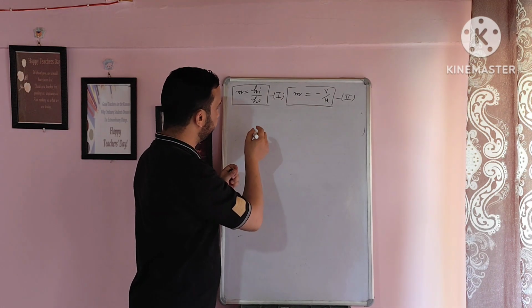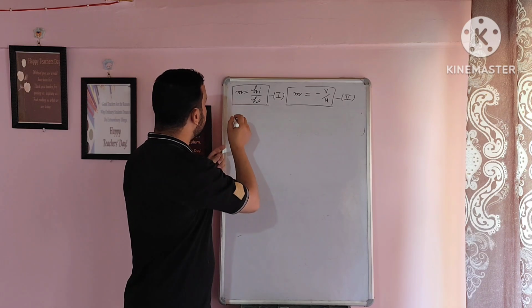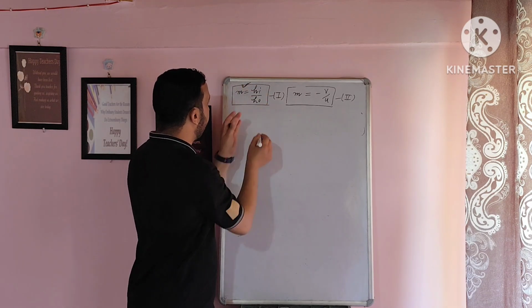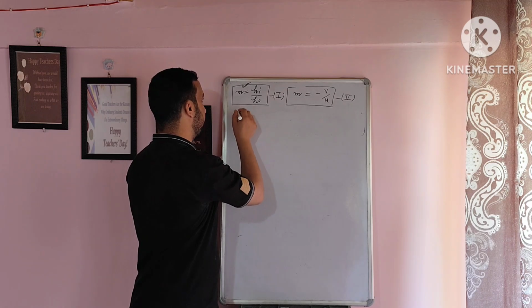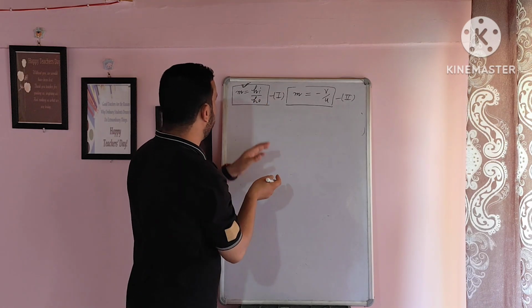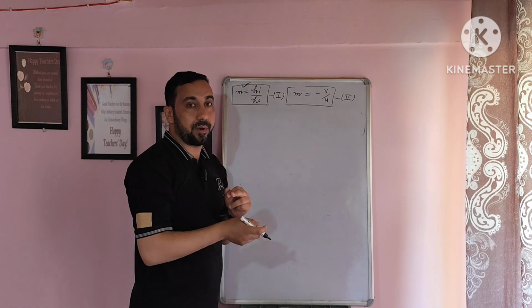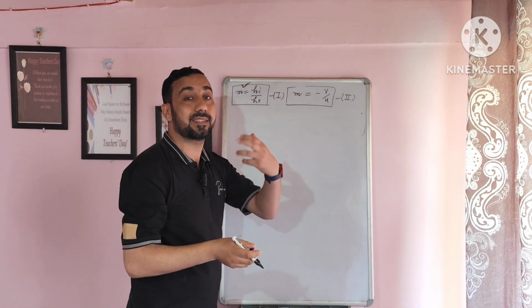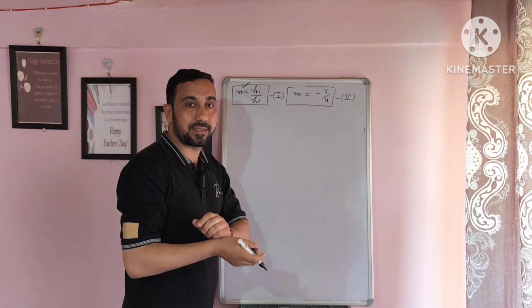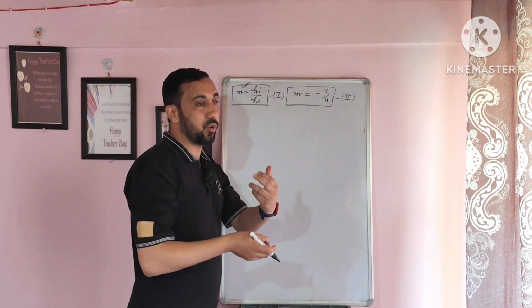Dear students, if we go with the help of equation number 1, we have M equals Hi upon Ho, and we know that Hi denotes the size of the image and Ho represents the size of the object.